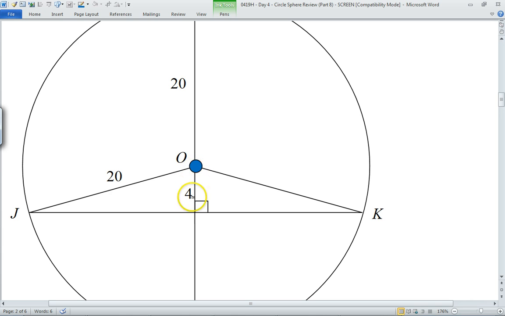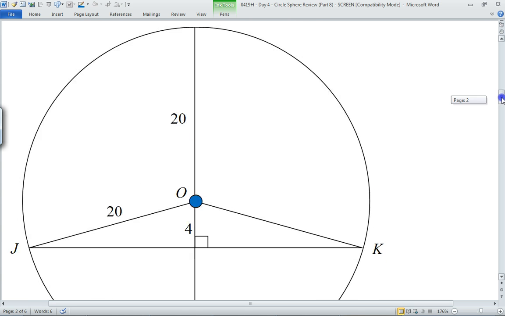When they say distance from a point, they mean perpendicular distance. So I just made sure that it was perpendicular. To help me see that perpendicular is why I drew this vertical line, the diameter of the circle. So it would easily show the perpendicular. So that explains the picture that I have drawn.